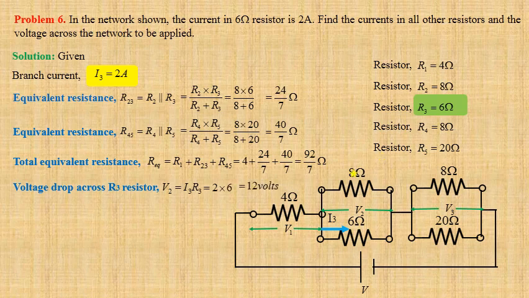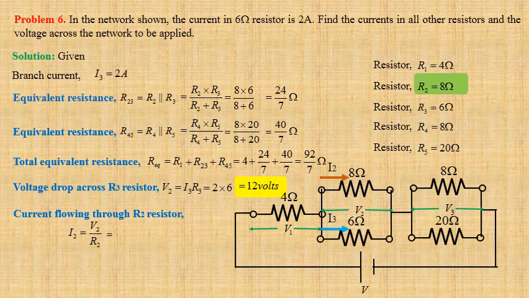Since resistors R2 and R3 are connected in parallel, the same voltage drop occurs across resistor R2. Therefore, current flowing through resistor R2, I2 equals V2 divided by R2. Using values we get 12 divided by 8, that gives us 1.5 ampere.